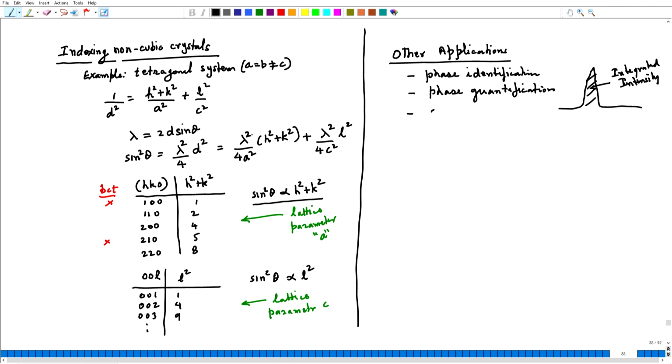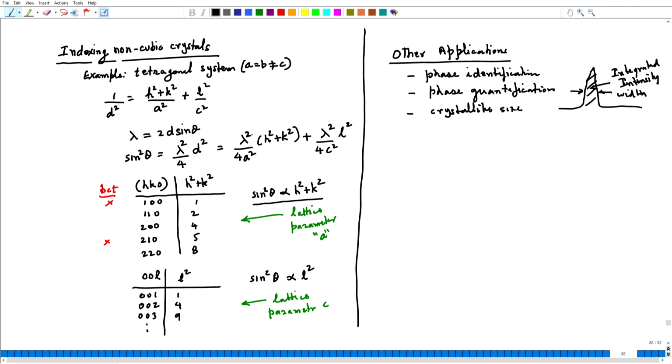We can determine crystallite size. I had very briefly mentioned this in an earlier lecture, and that is determined from the width of the peak.